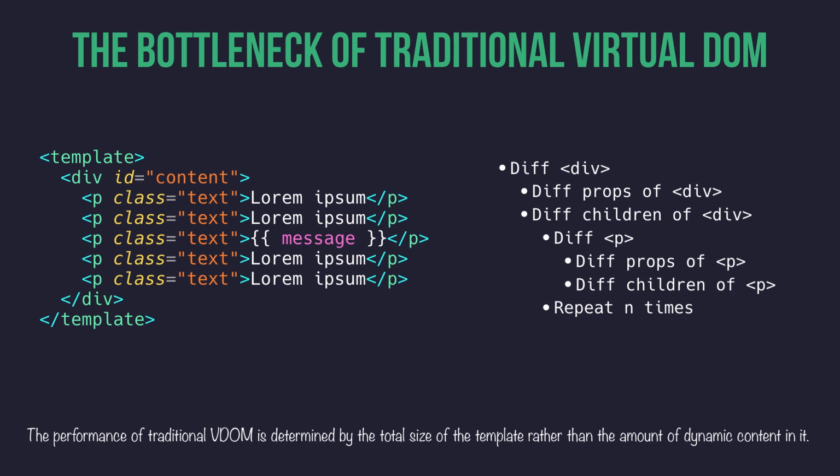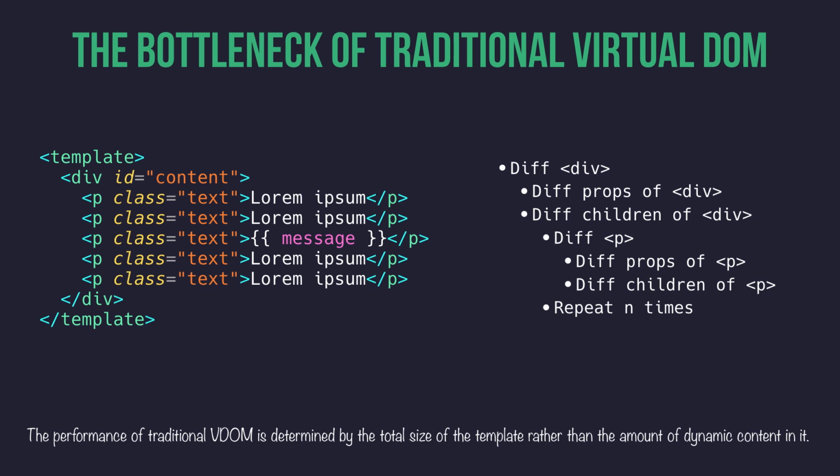It goes through and has to diff the content, diff the props, diff the children, and diff each of the paragraph elements, diff the props of each paragraph, diff the children of each paragraph, and repeat multiple times. The reason for this is that the performance of traditional virtual DOM is determined by the total size of the template rather than the amount of dynamic content in it. We are looking at this with our two eyes, and we can plainly see there is only one dynamic node in there.